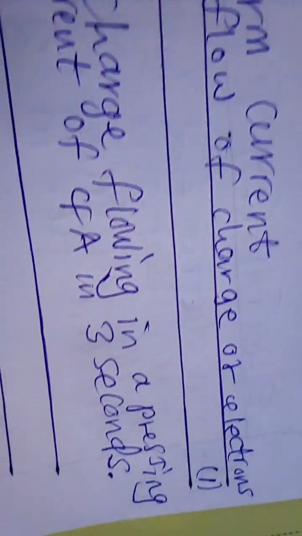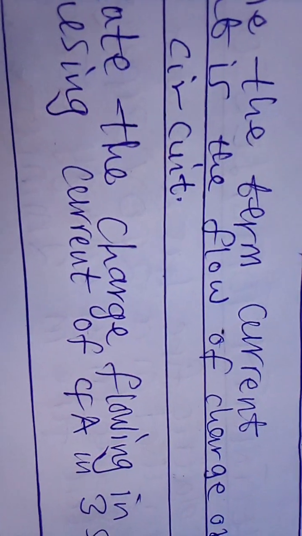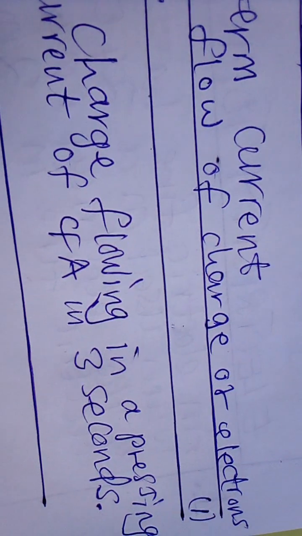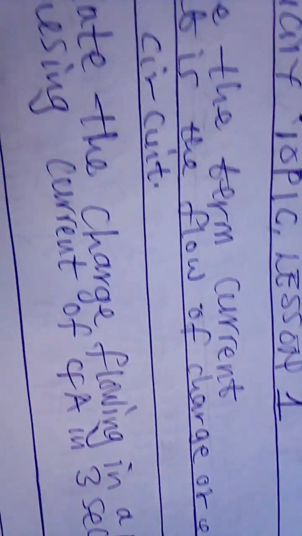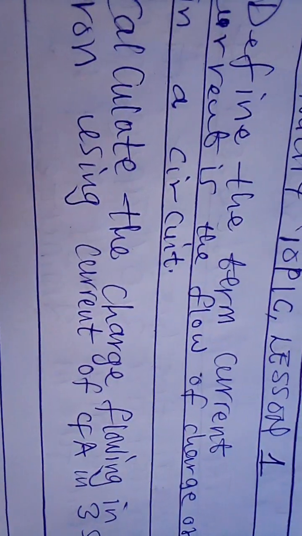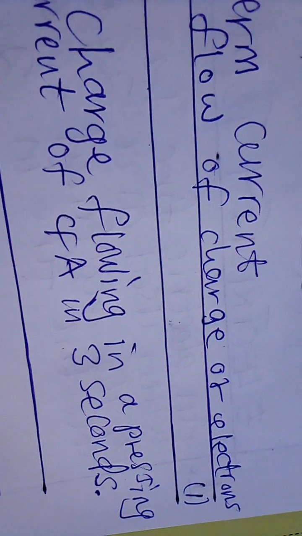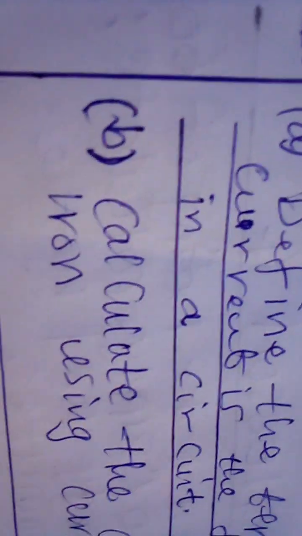Question B reads: calculate the charge flowing in a pressing iron using current of 4 amps in 3 seconds. Let's calculate the charge.